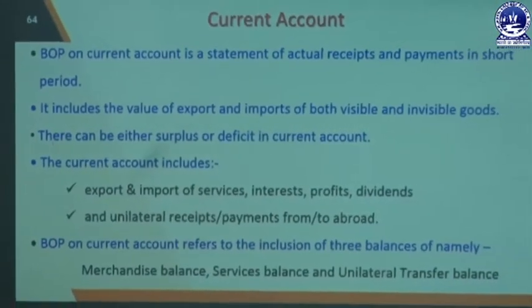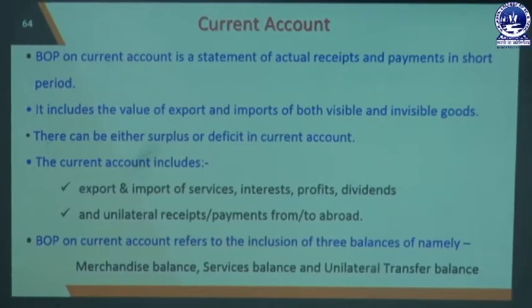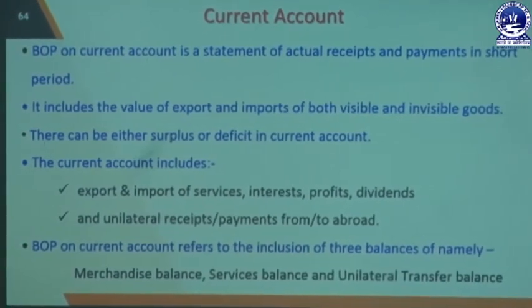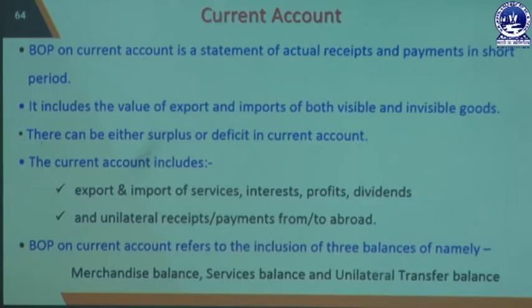So the current account includes the value of exports and imports of both visible and invisible goods. Current account records all the exports of visible and invisible goods and all the imports of visible and invisible goods. There can be either a surplus or a deficit in the current account.